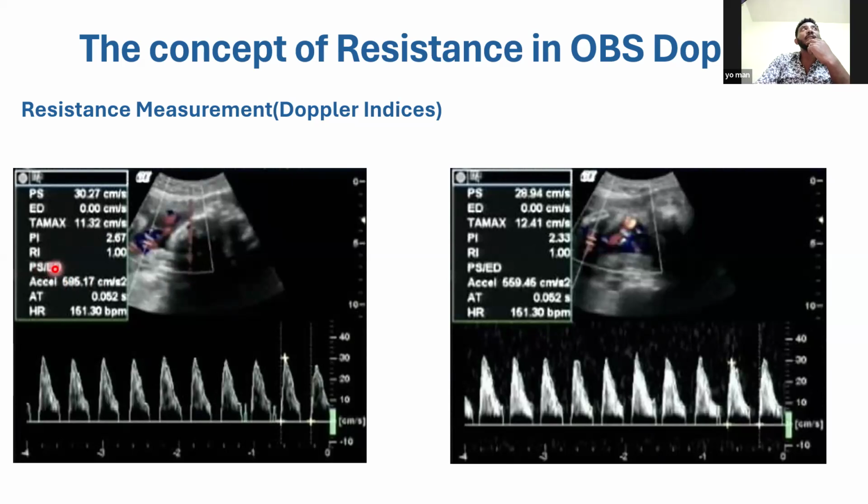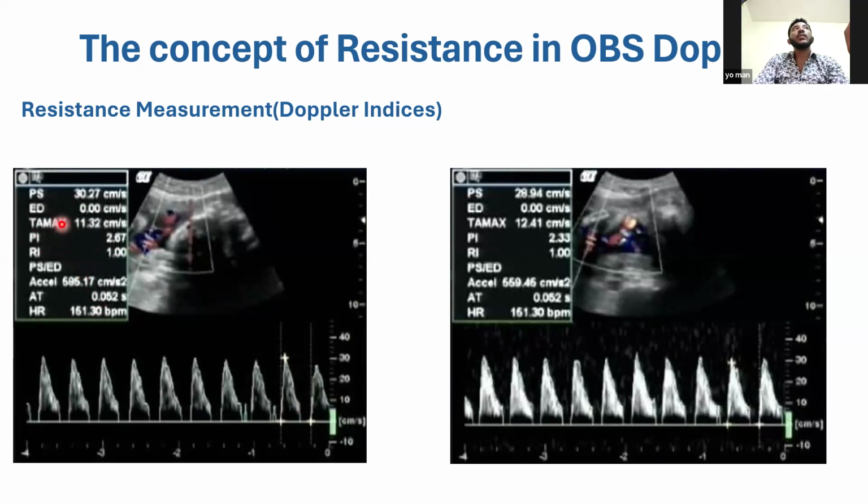In the S/D ratio, peak systolic over diastolic velocity, you also get no information, because the denominator is 0. So the RI means nothing. In such circumstances, with absent diastolic flow, the only option we have is PI.